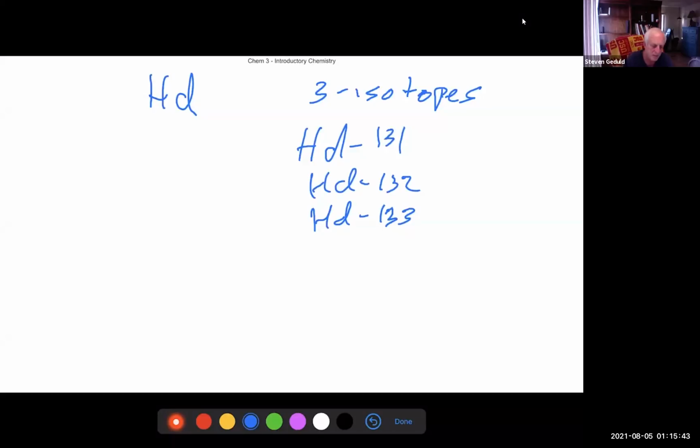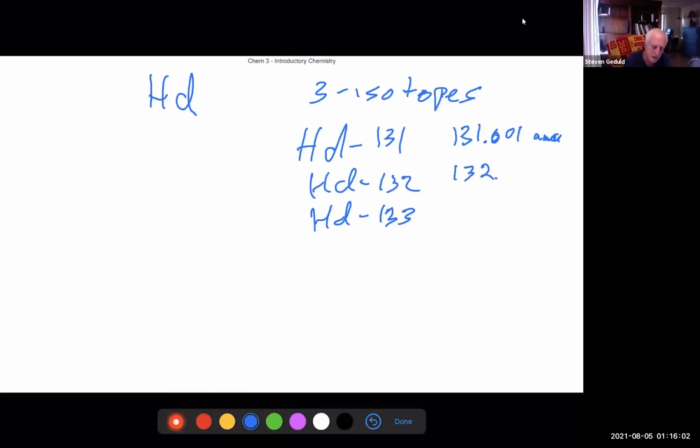Let's say Harley Davidson 131 weighs 131.001 AMUs, which are atomic mass units, the small units of the protons and neutrons. And 132 weighs 132.371, and 133 weighs 133.121.